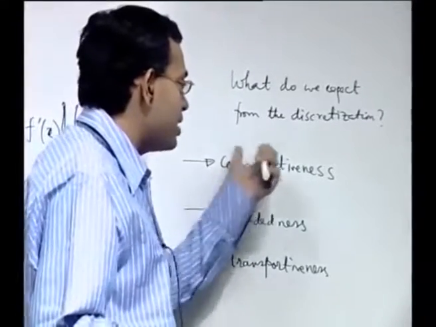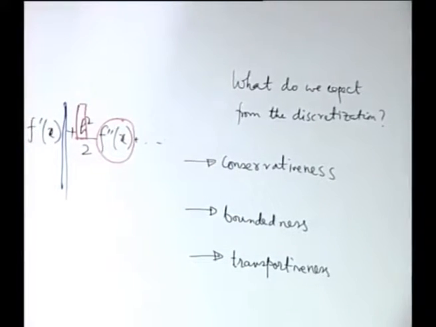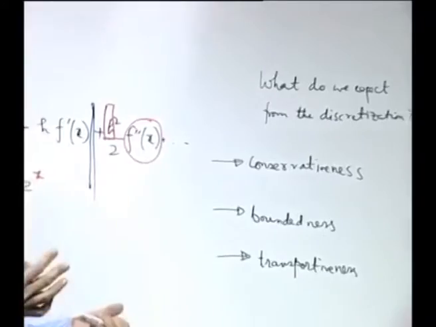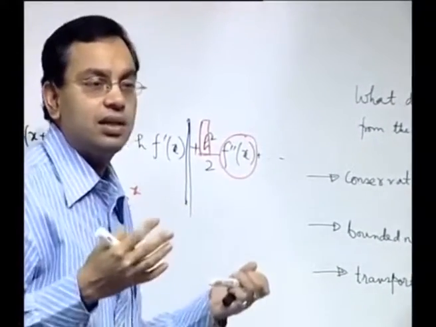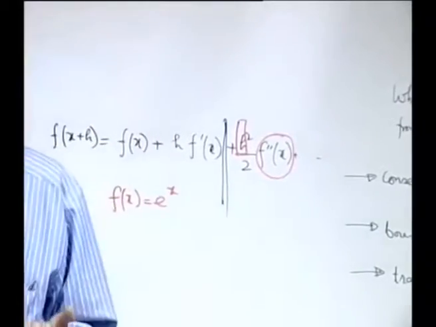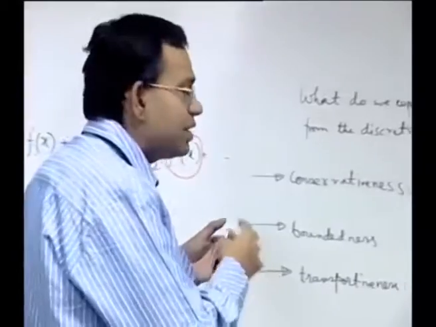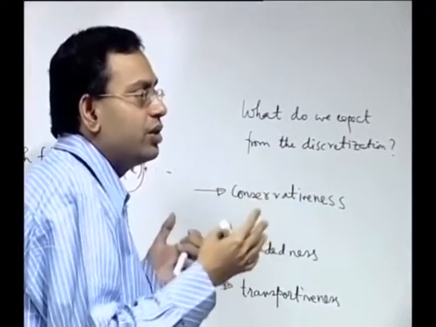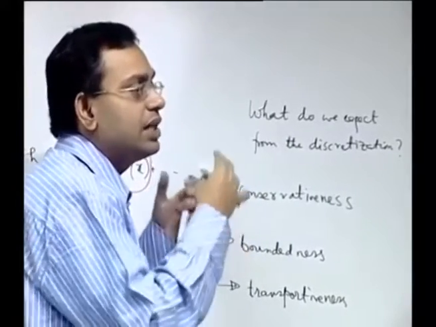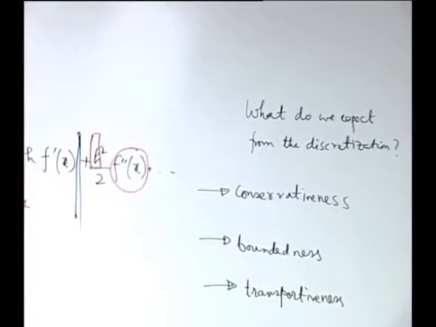Conservativeness, from the name itself it is clear that if the physical problem involves the conservation of a variable, the discretized equation should also reflect physically the same conservation. That means if you are having a collection of discrete equations, altogether summed up they should represent the conservation of the physical variable over the entire control volume or over the entire domain, so to say.